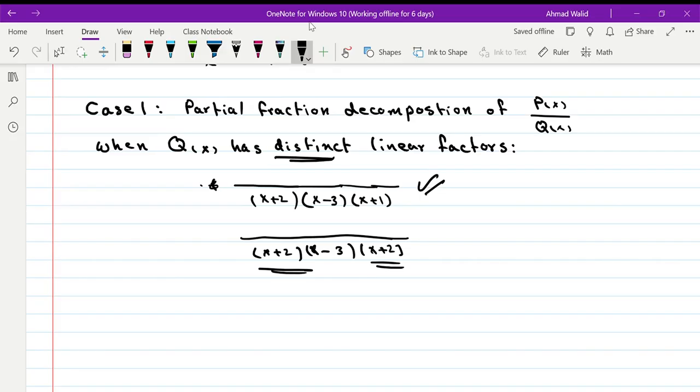Correct? Before going fast, I'll do one example, and in this example, I'm also writing all the steps for you, how to do a decomposition step by step.